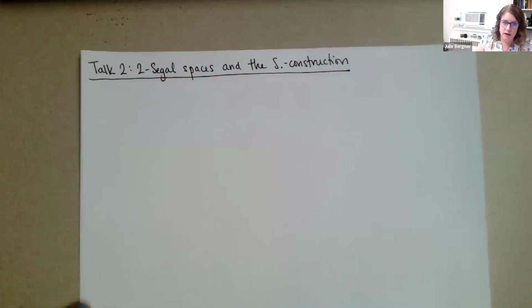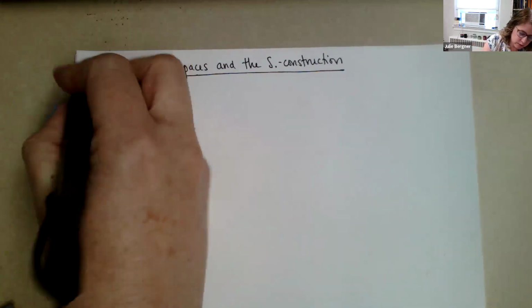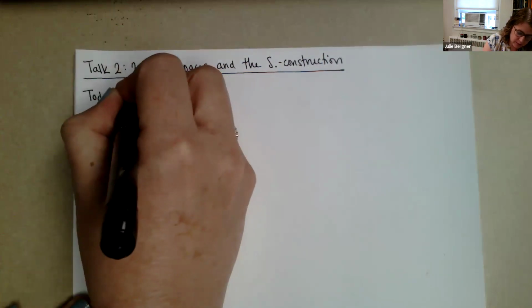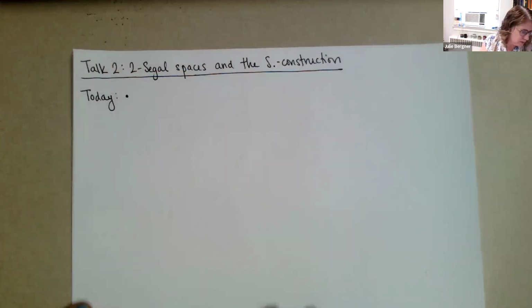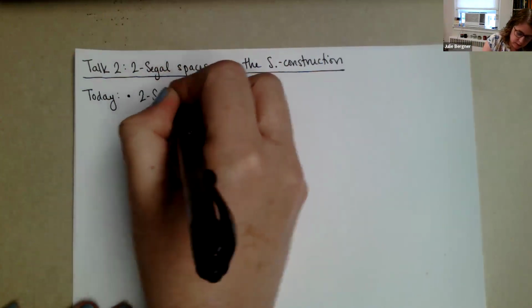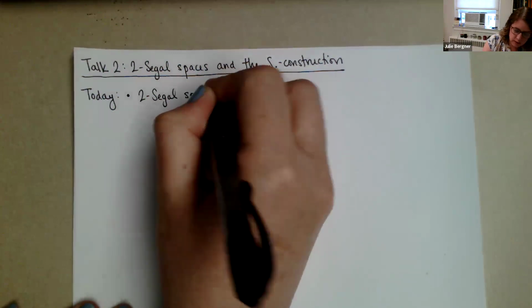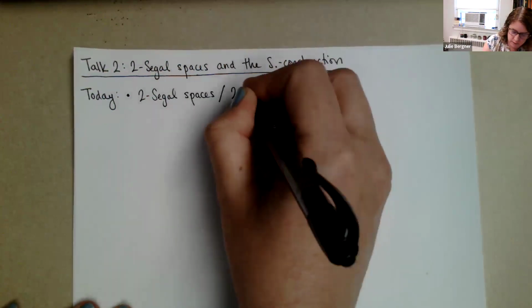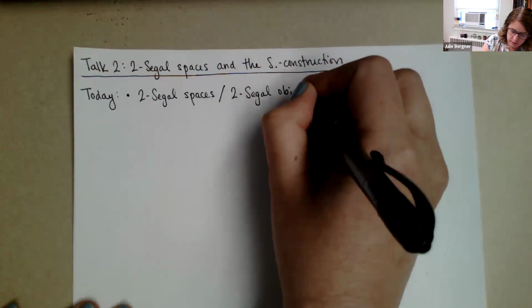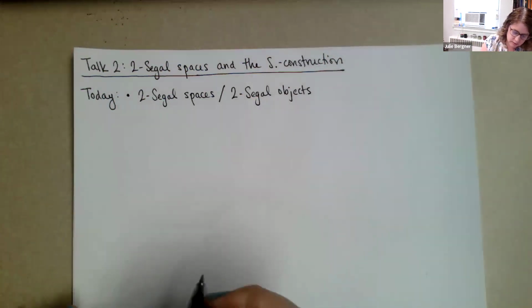And so today we have two goals. One of them is wrapping up something I thought I might get to last time, but didn't. And that's talking about two Siegel spaces, and more generally, although I won't say too much about them right now, more general two Siegel objects.